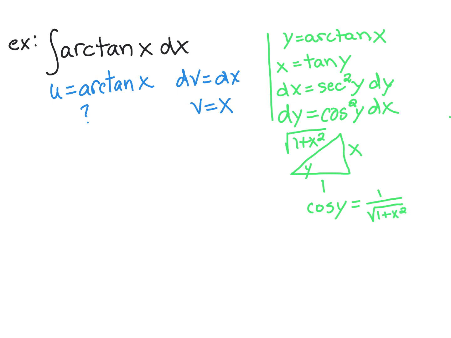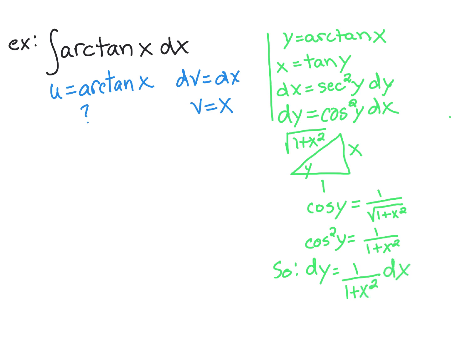I know, right? So if dy equals cosine squared, then I need to solve for cosine squared of y, which just squares this thing and gives me this. Now you see that dy, or in our case du, is going to be 1 over 1 plus x squared times dx.